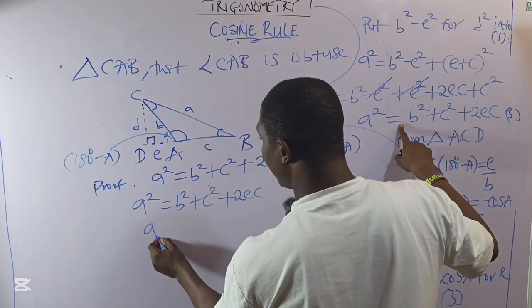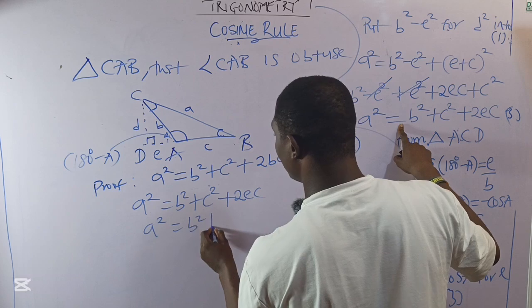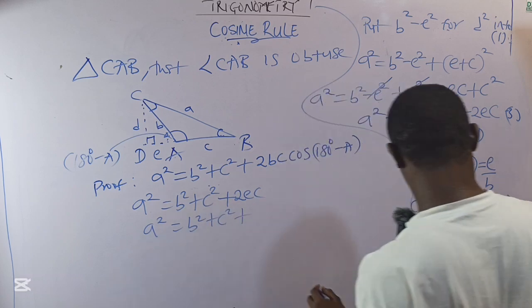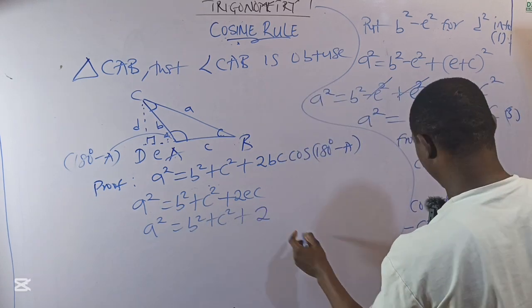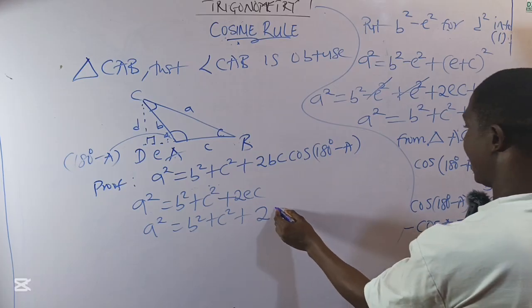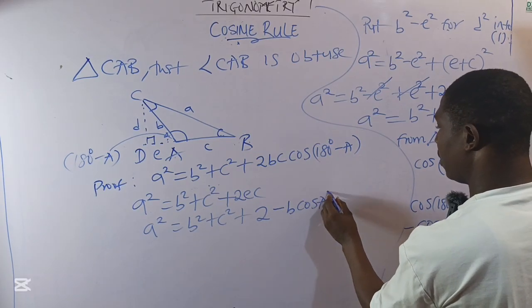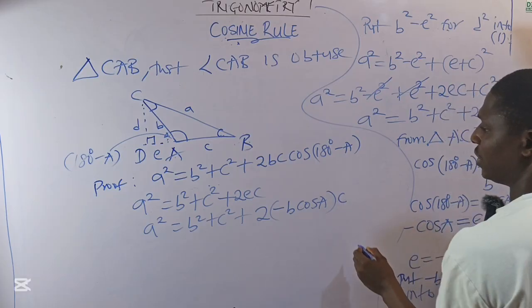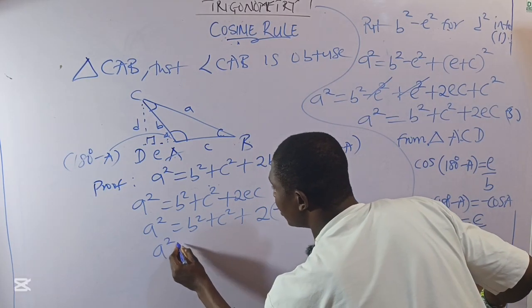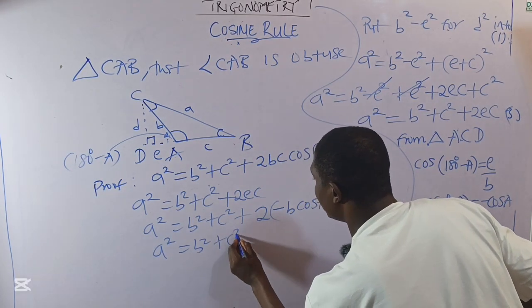In place of E, I have minus B cos A in brackets, and I have my small letter C. So I have A square equals B square plus C square.